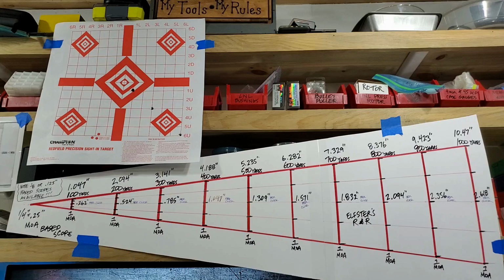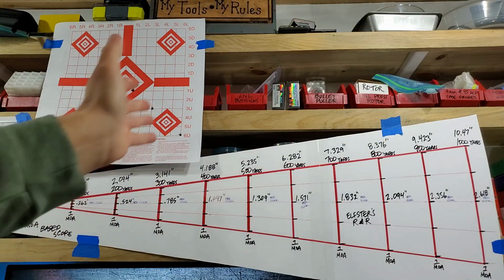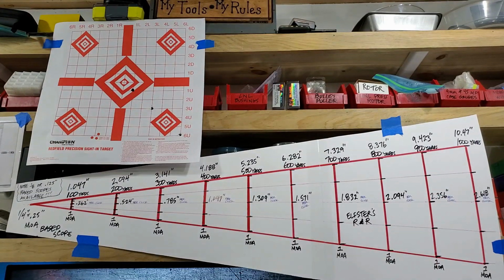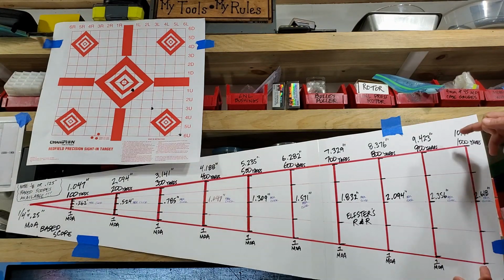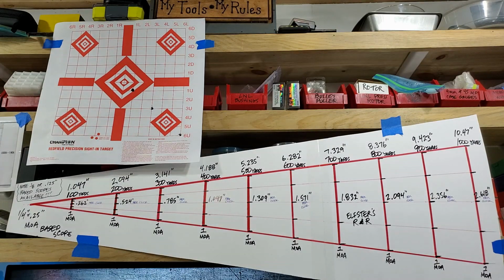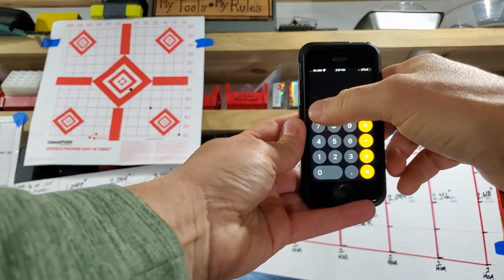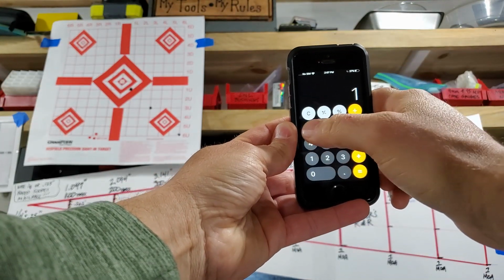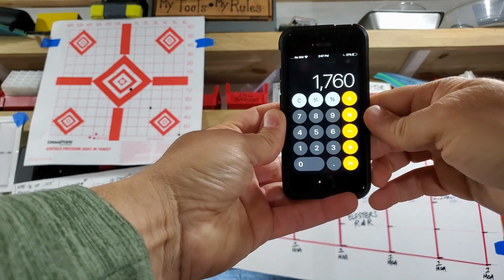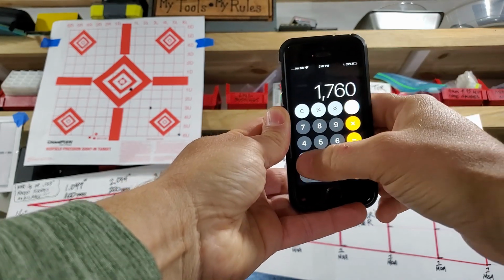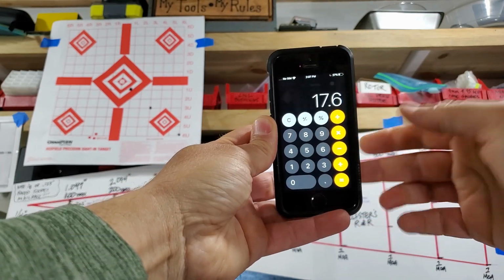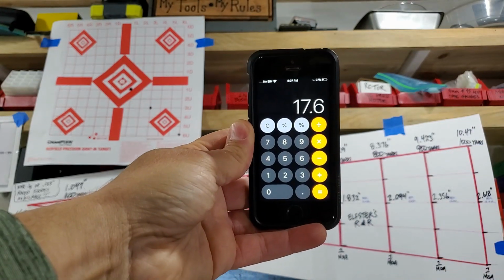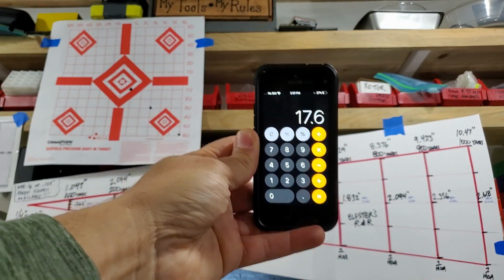You can see it starts to compound the further you shoot, especially when you're shooting long distances like a mile. And if you're curious what this measurement is at 1 mile, that's easy to figure out too. 1 mile is 1,760 yards. Well, I divide that by 100. That represents 17.6 football fields away.